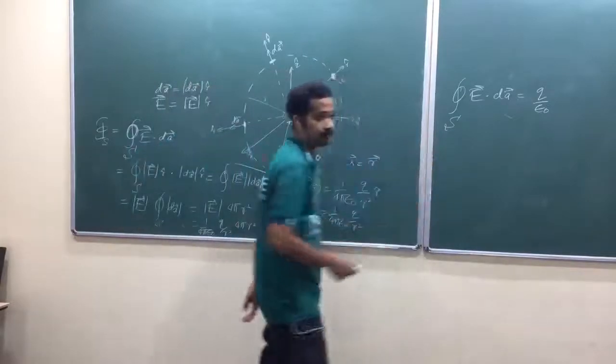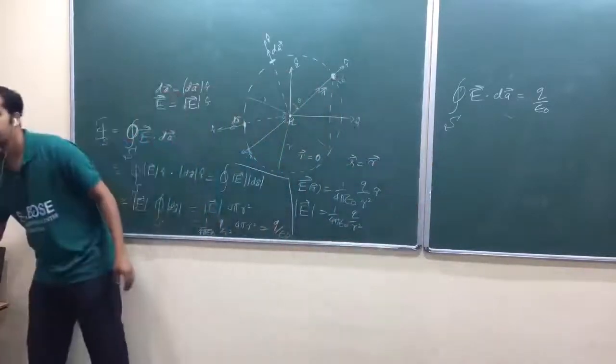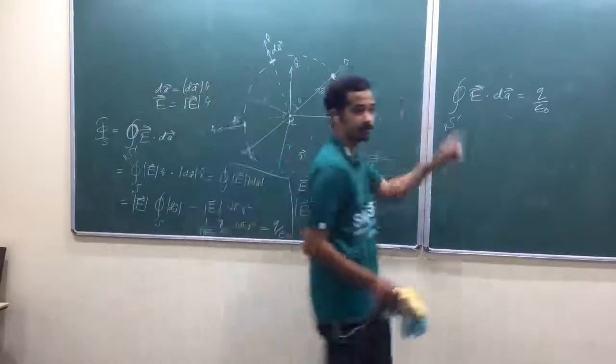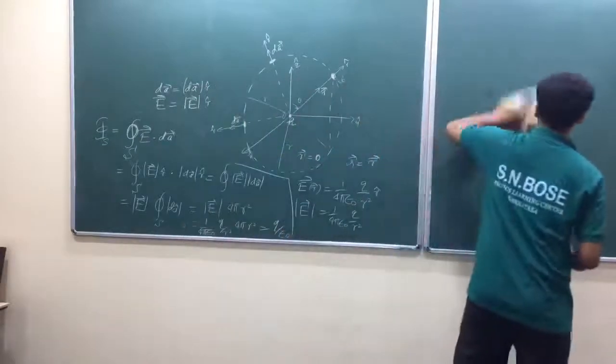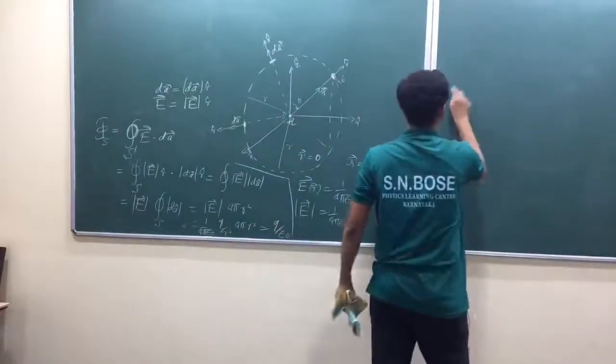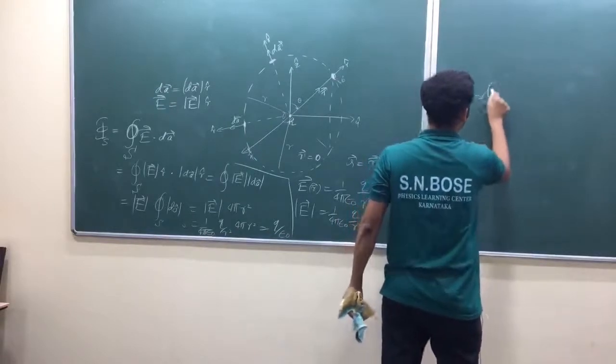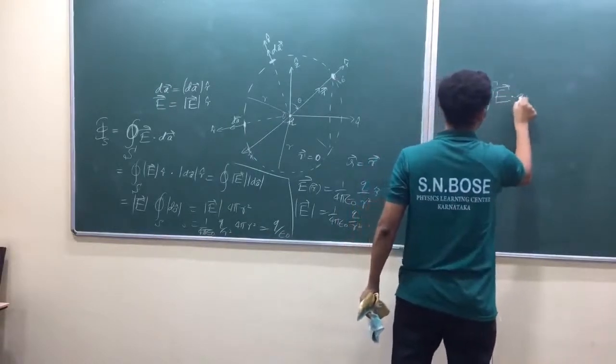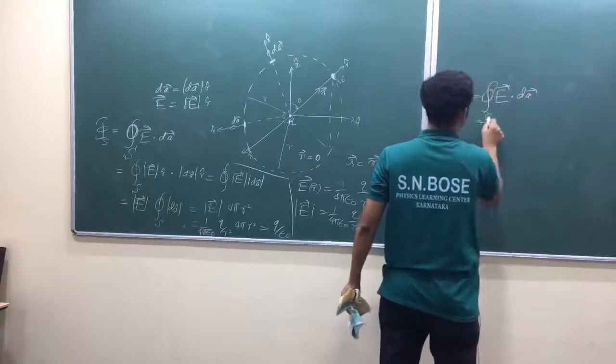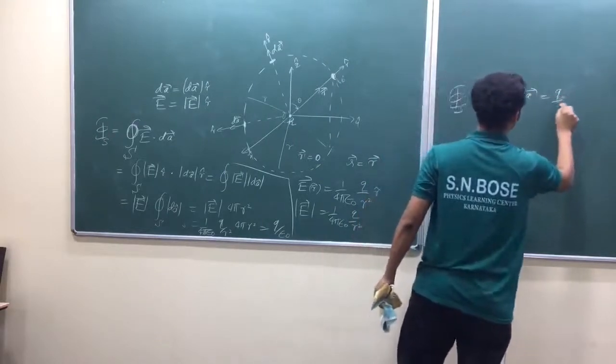You better write total flux, so after a long time you will not forget that. This is total flux. Sometimes they will ask questions about the flux. So the total flux through the closed surface, E bar dot dA bar, is equal to Q by epsilon naught.